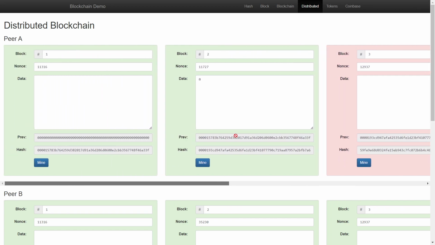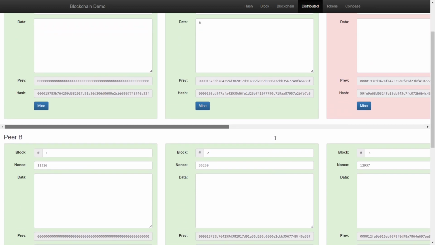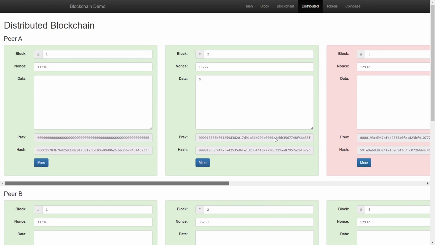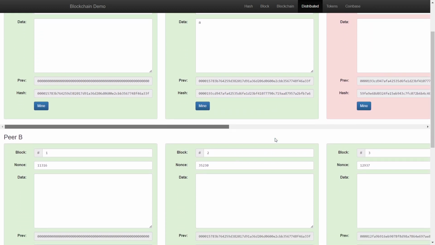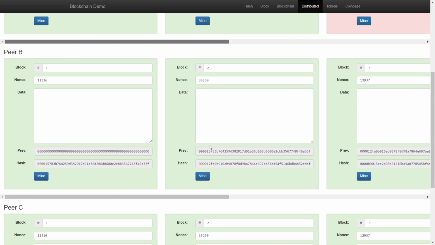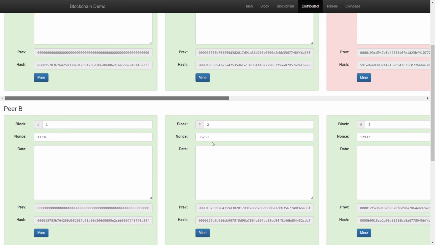Now if I share this block with my friend, he can easily detect that the block has been tampered with, because the previous hash may match, the same hash is there, but the hash of the block is not matching. Even though the format 000 is matching, the hash is not matching.